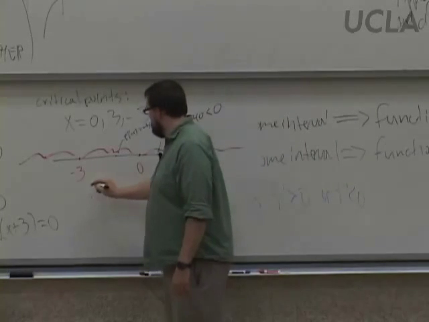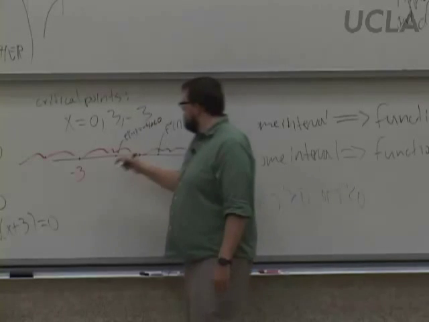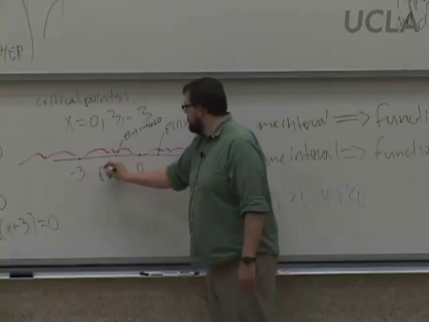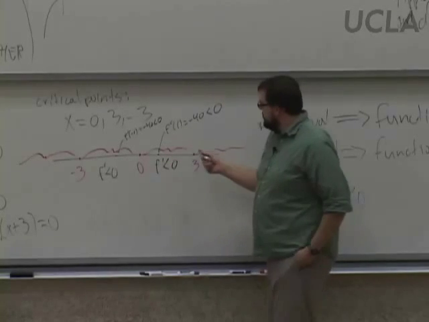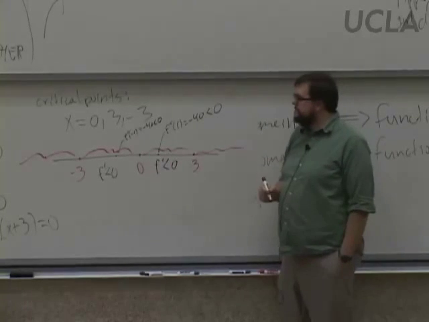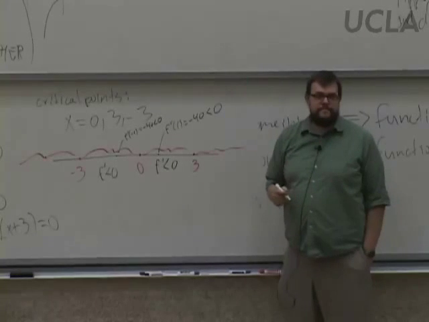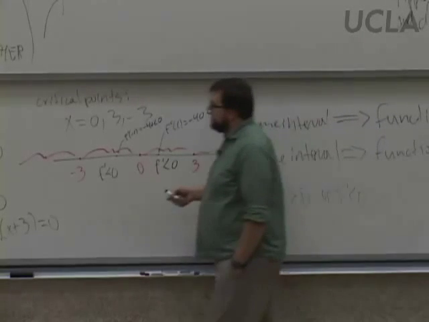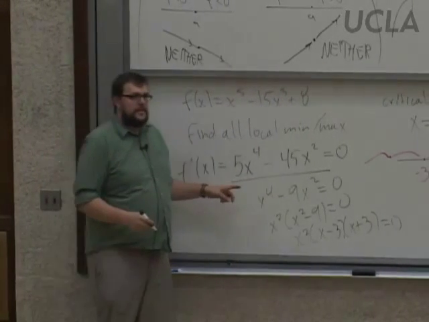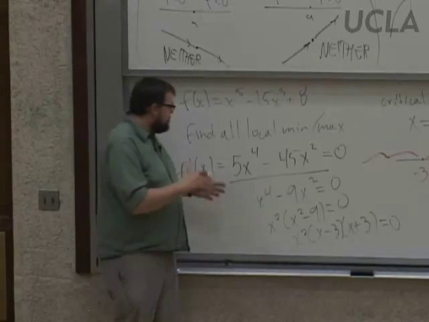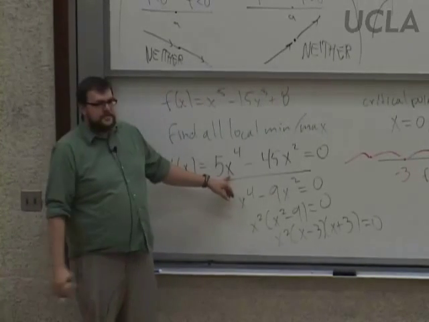OK, so let me erase this. We know it's negative here, and it's negative here. OK, let's say something bigger than 3. 4. All right, 4 to the fourth is 256. All those math, computer science, programming nerds, powers of 2.